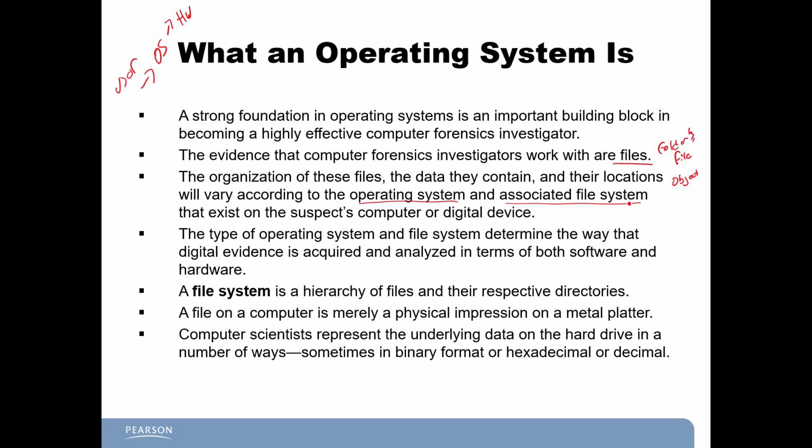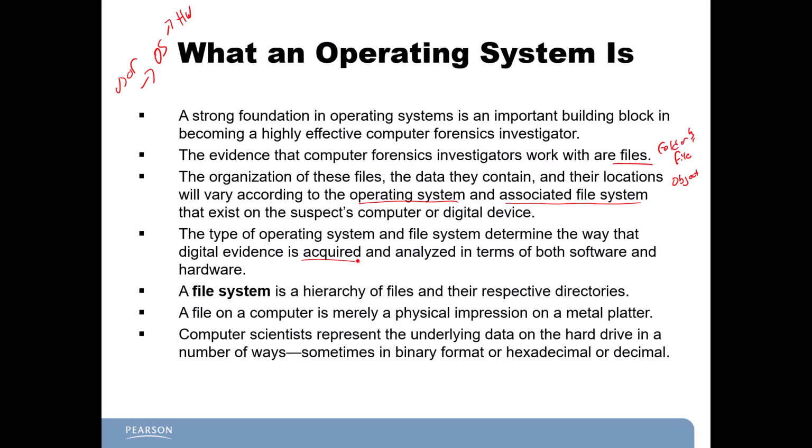The type of operating system and the file structure determines the way the evidence is stored on the device. That also dictates how the data is acquired and then analyzed, in terms of both the software and the hardware. Different devices have different layouts, so we have to be made more aware of them.